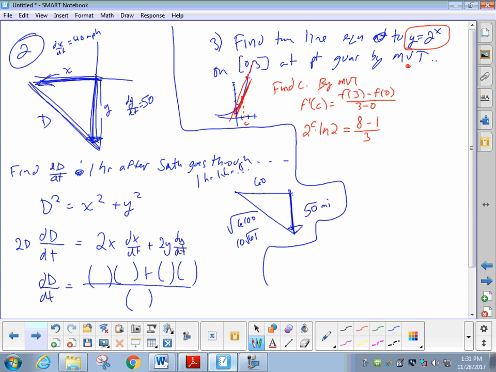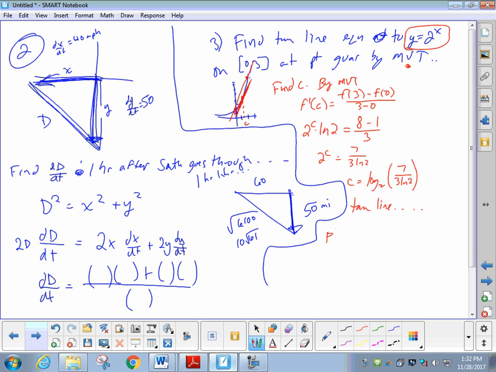3. Okay. So 2 to the c is 7 over 3 natural log of 2, and c must be, how do I get rid of 2 to the power? Log. Log base 2 of 7 over 3 natural log of 2. All right, great. It says find the tangent line at the point. Well, I found the point, or at least I found the x of the point. Now I'm ready to do my tangent line, yeah?